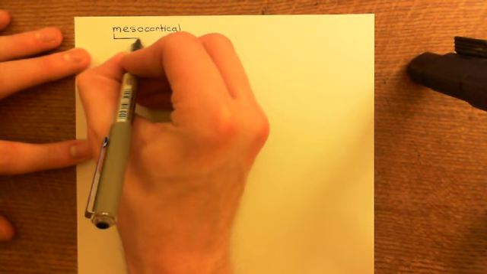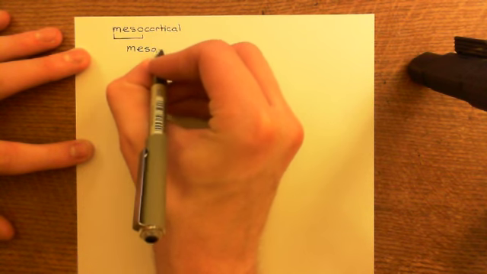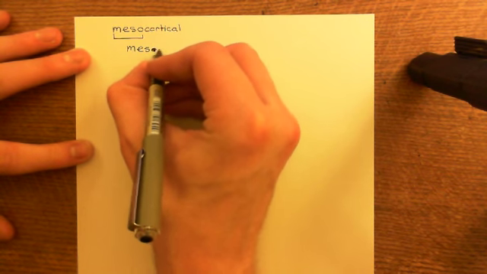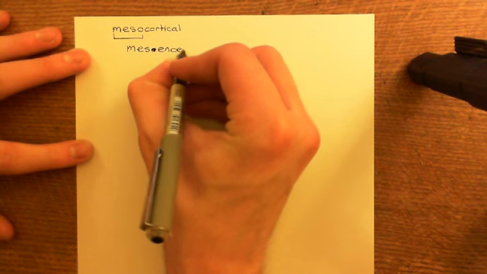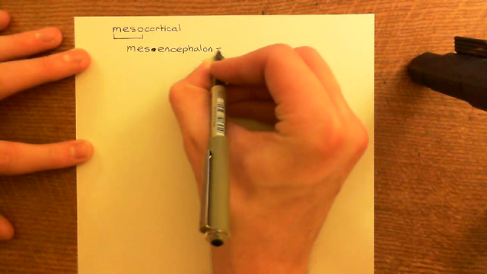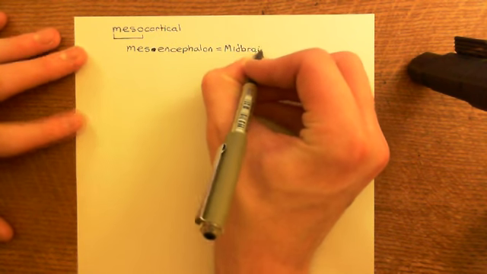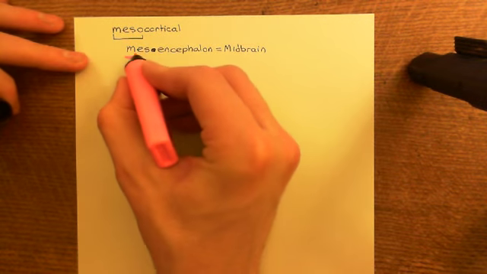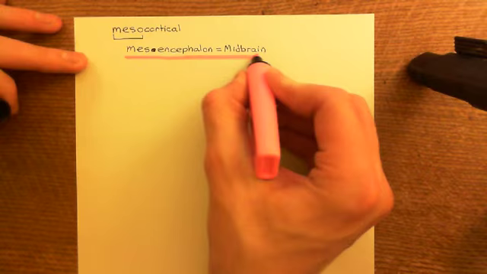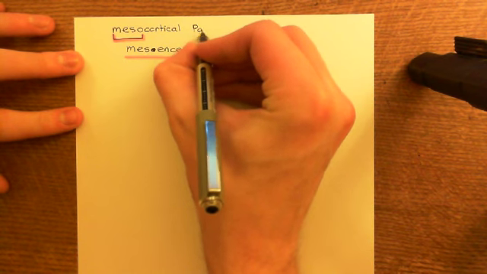And the reason it's called the mesocortical pathway is that meso stands for mesencephalon, which is another name for the midbrain. It's the fancier name for the midbrain. So remember the ventral tegmental area is within the midbrain, so these dopaminergic axons are going from the midbrain to the cortex, hence the mesocortical. So this is going to be the mesocortical pathway.